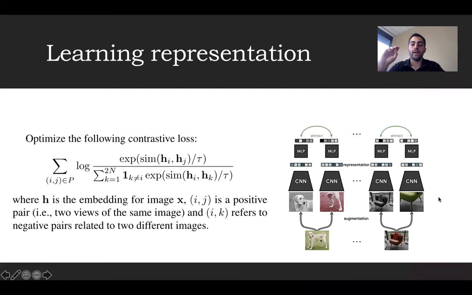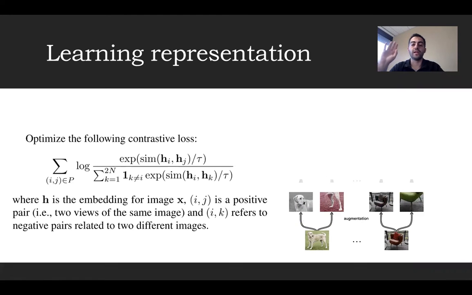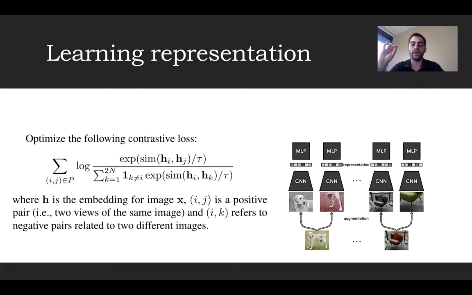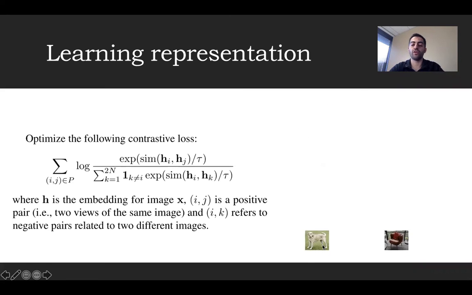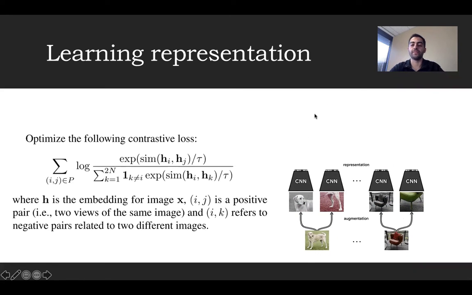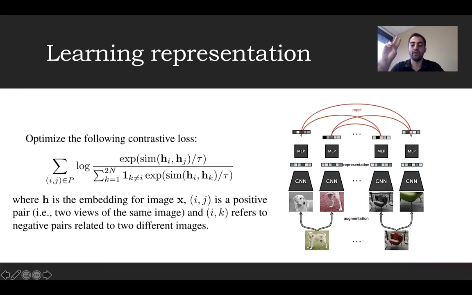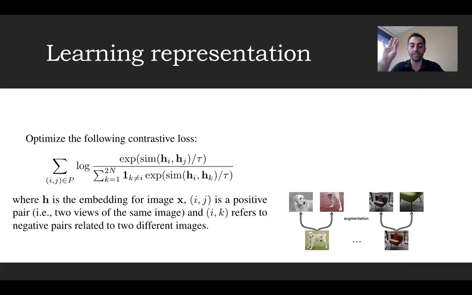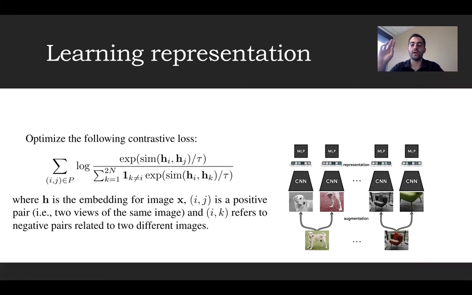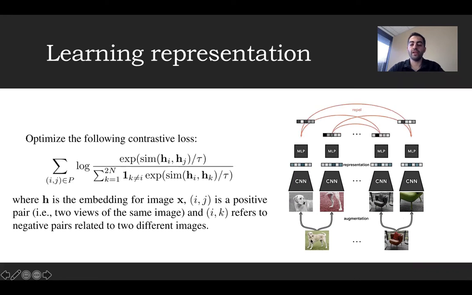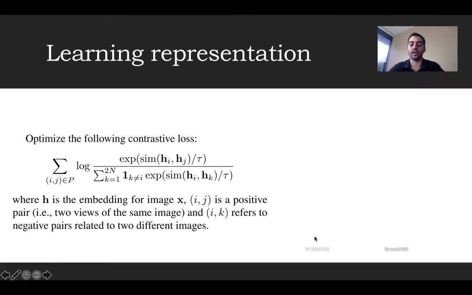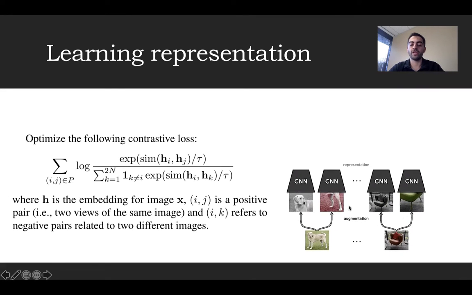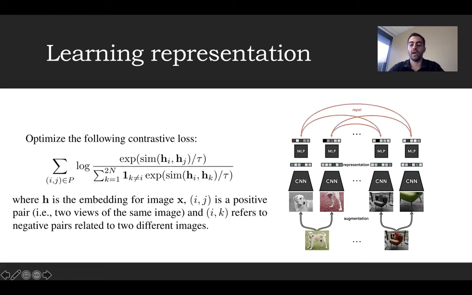Let's start with how we should learn the representation. In this slide, I explain how we train a neural network that changes one image into a representation. Let's say we have two images: one is an image of a dog, and the other is an image of a chain. The main idea is that we randomly crop and change the color of each image and make two versions of each, for example, one for the dog and one for the chain.